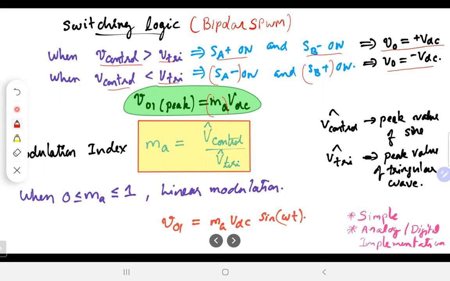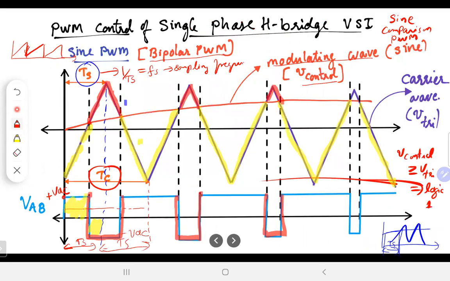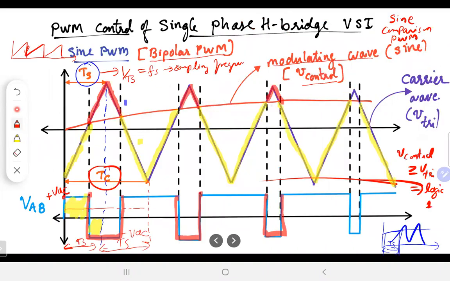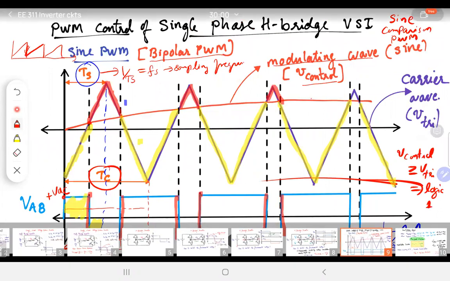MA. Now, in this case, we already identified that the volt second is dependent on the pulse width D, and that D in turn is dependent on the V control voltage. The larger the V control is, the larger would be D. D at every period is proportional to V control, and MA will depend on the V control peak, because in a sine PWM, the value of the V control keeps increasing and then decreasing, and it goes to 0, then it will go negative.